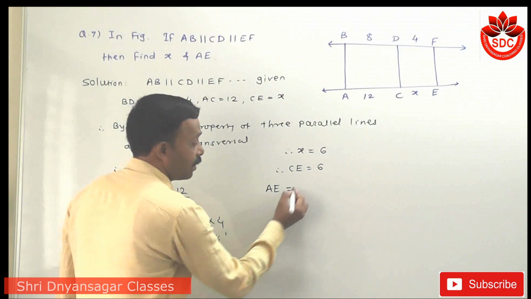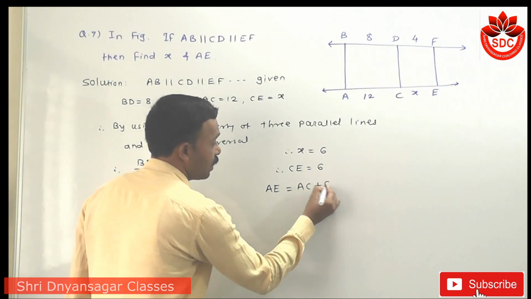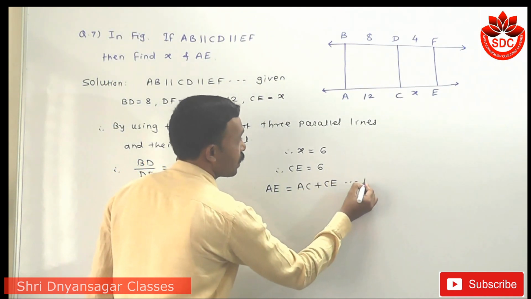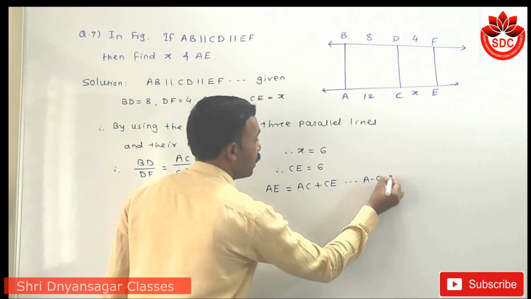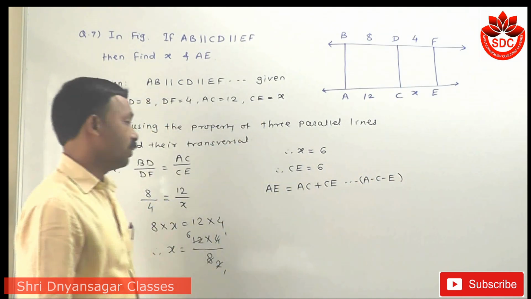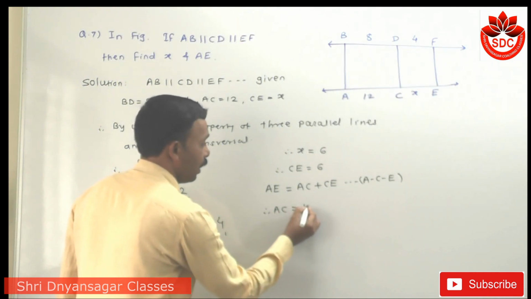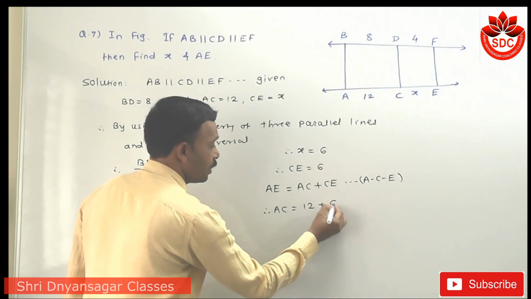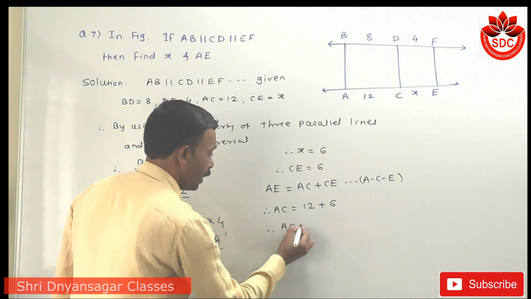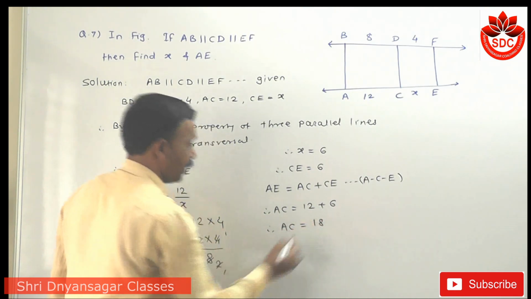So AE is equal to AC plus CE, because A-C-E are in that order. Then substitute the values. AC is 12, CE is 6. When we add it, AE is equal to 18.